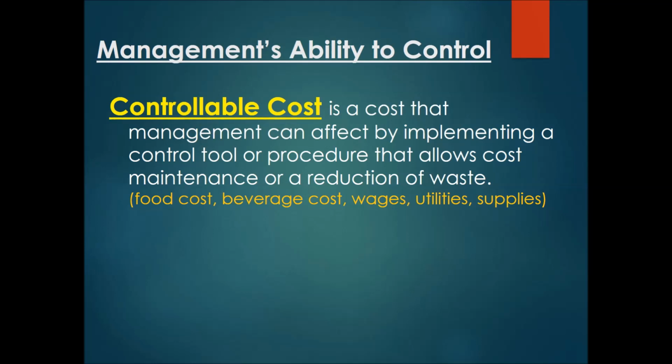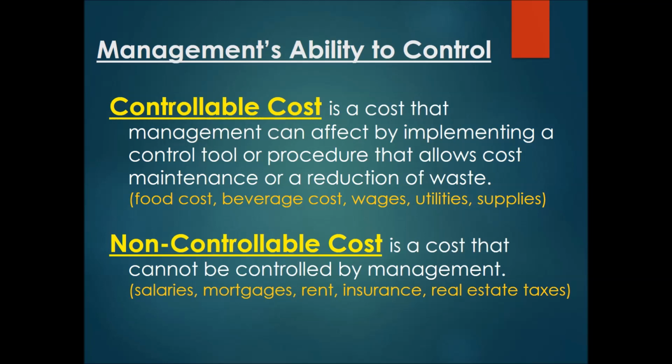Or you can use portion control tools in the kitchen to reduce waste: scales, dishers, and ladles. You can control wages by properly scheduling employees, thus reducing that cost. So management can have an effect on it, so you spend your time on controllable costs, not on non-controllable costs, which is something that cannot be controlled by management.